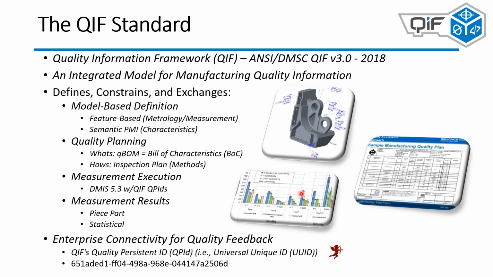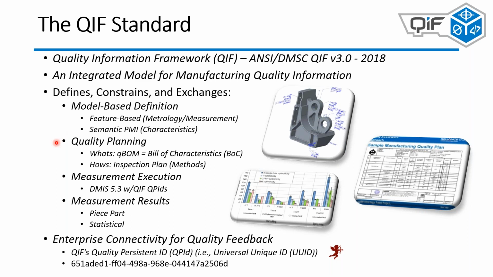It helps define and constrain the measurement and exchange of data. There's a large section dealing with model-based definition, and we'll talk about that, but it is feature-based. It introduces features for metrology, measurement, or tolerancing. It also contains semantic PMI or characteristics, as I described earlier.